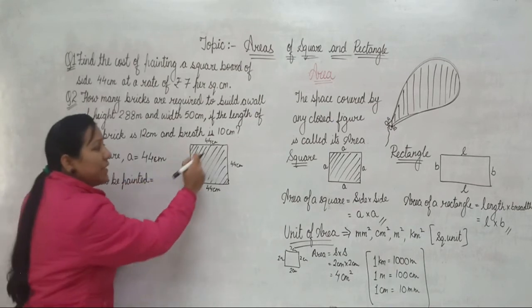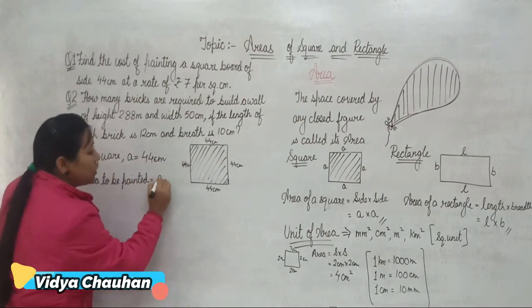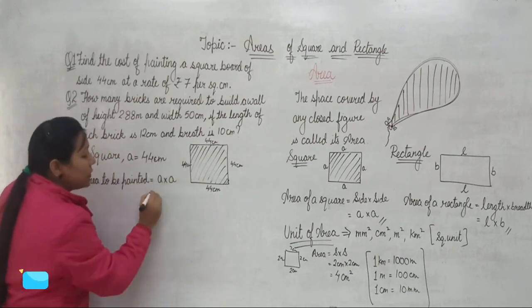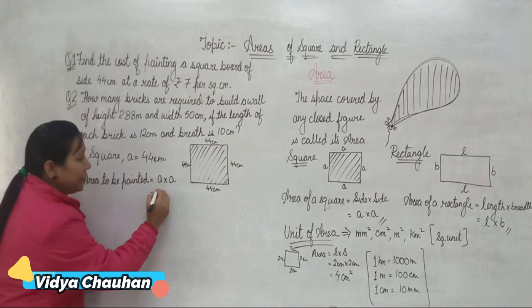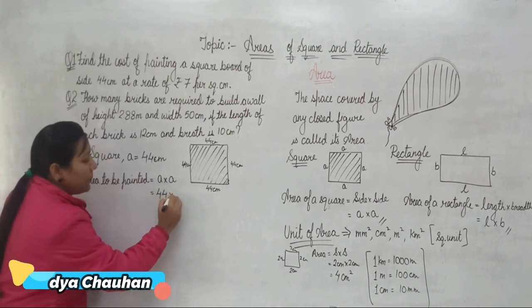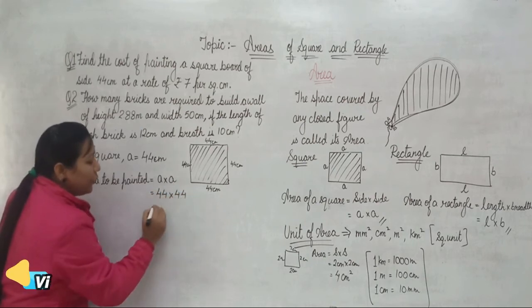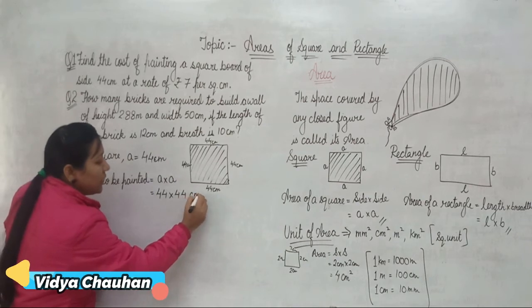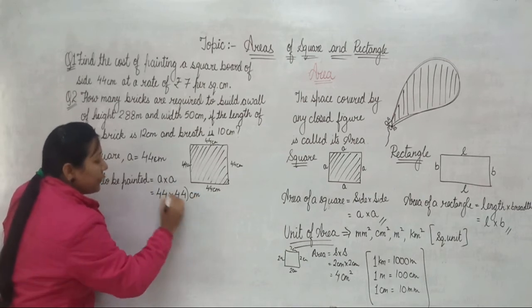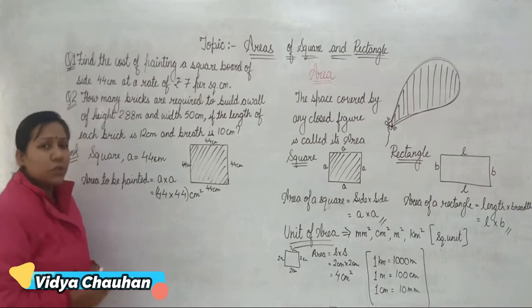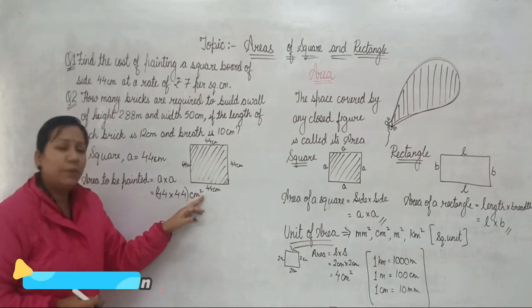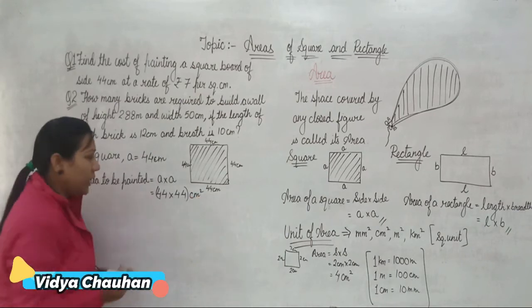Area to be painted means area of the square. So that will be side into side, A into A, which is 44 multiplied by 44 centimeter square, because centimeter multiplied by centimeter will become centimeter square.